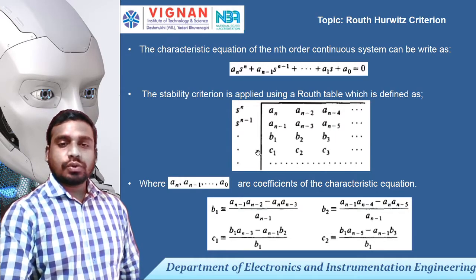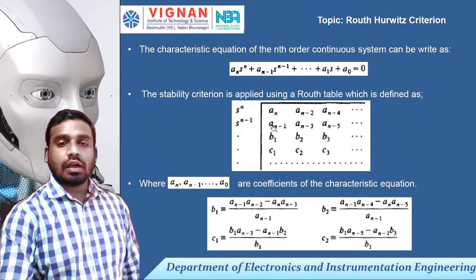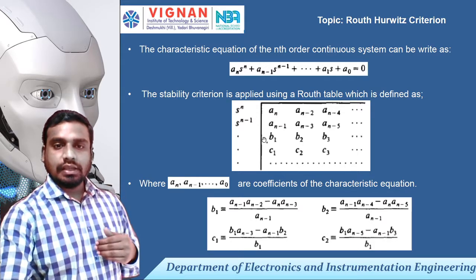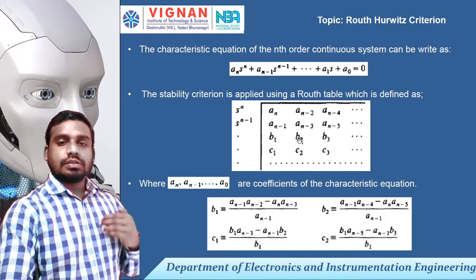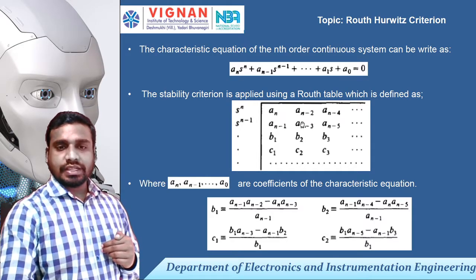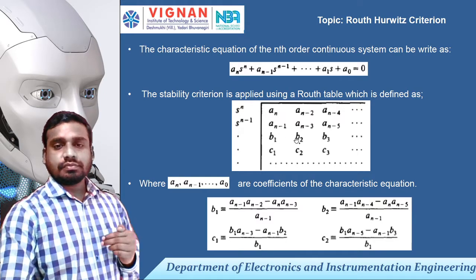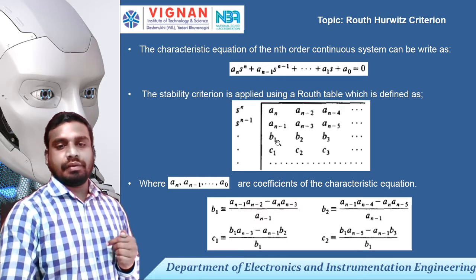When you are considering the fourth row, C1, what you have to take is the preceding row. The preceding row is B1, B2, B3, right? So when you are considering C1, it is B1 into an minus 3 minus B2 into an minus 1, divided by B1.